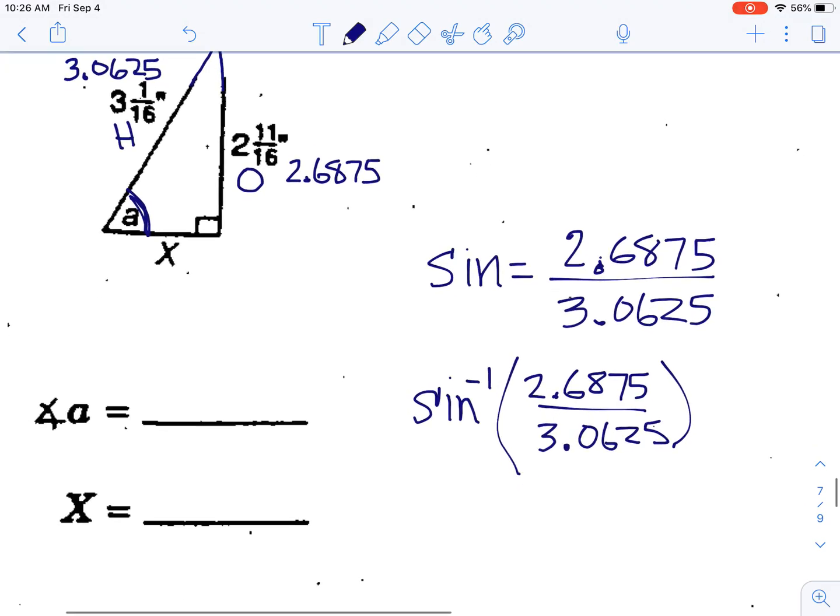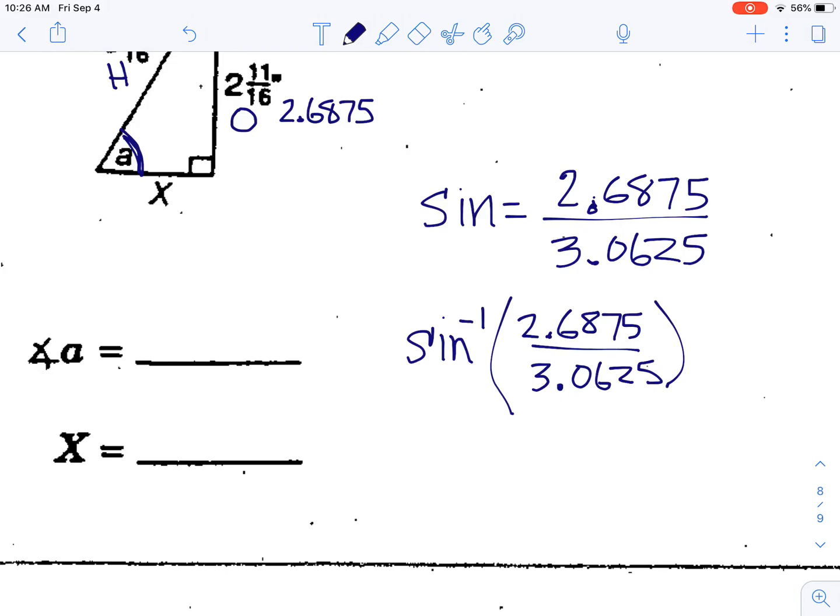So in my calculator, I hit the second key, and then sine, and it should make that little -1 appear. And it's telling me that my angle measurement is 61.348 degrees.